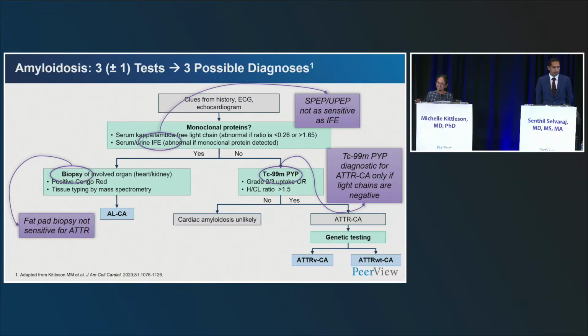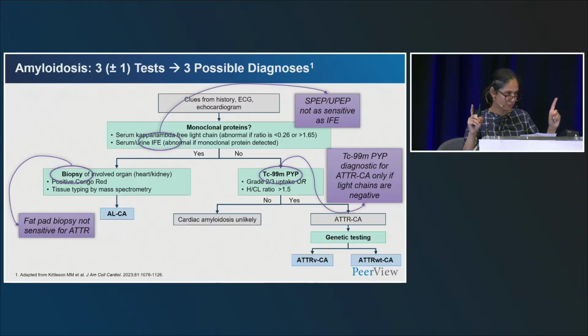So here are the 3 plus or minus 1 tests you need to always make the right diagnosis. And unlike things like pulmonary hypertension, which is really complicated, amyloidosis is not. It is very straightforward. So you have your clinical clues. You've passed the first challenge. You had a high index of suspicion. But you won't find it if you don't look for it, and you won't find it on routine testing. So first step, you will do a monoclonal protein screen. If the monoclonal protein screen is abnormal, you do not pass go, you do not collect 200.